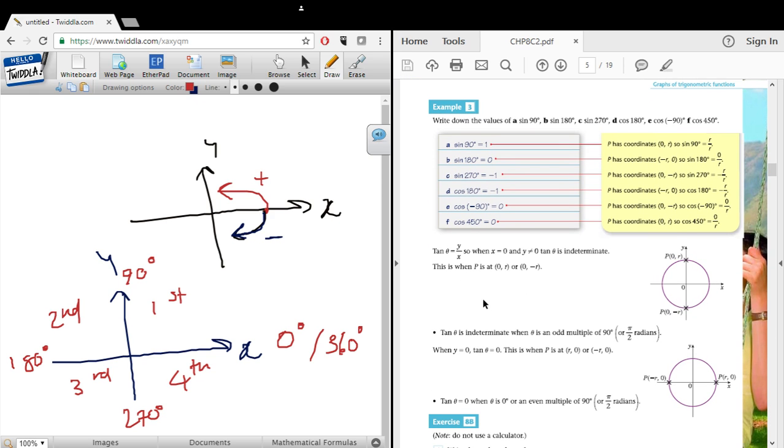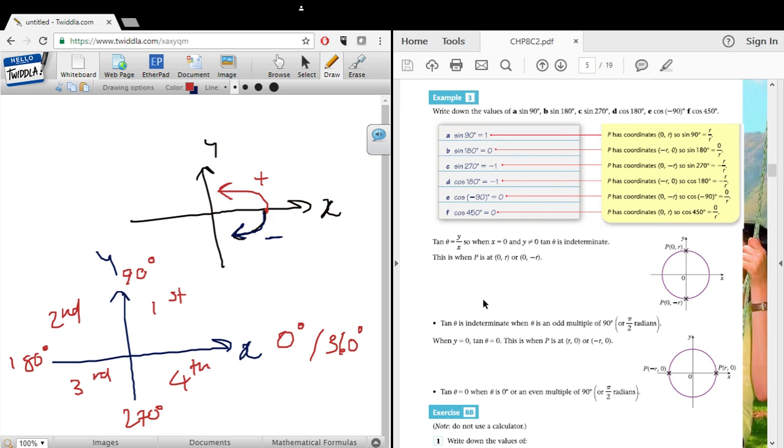So write down the values of the following: sine 90, sine 180, and so on. And we can write down the values by exhibiting the following. So you can see that P has the coordinates 0, r, so sine 90 is r over r. The reason is, if you look at sine 90, 90 is going to come here, so the angle is going to be a right angle.